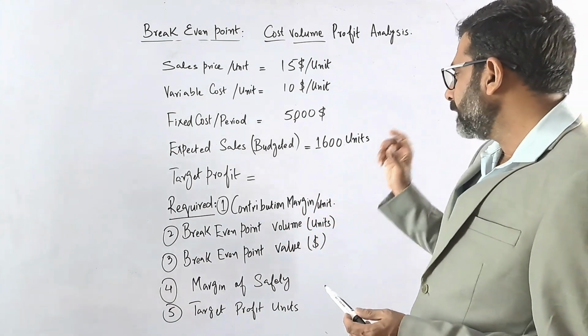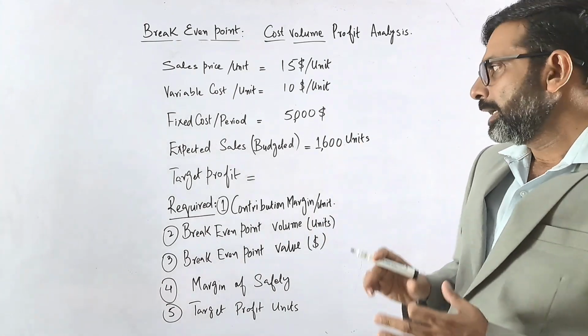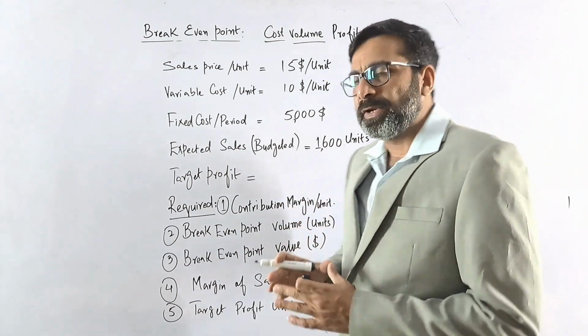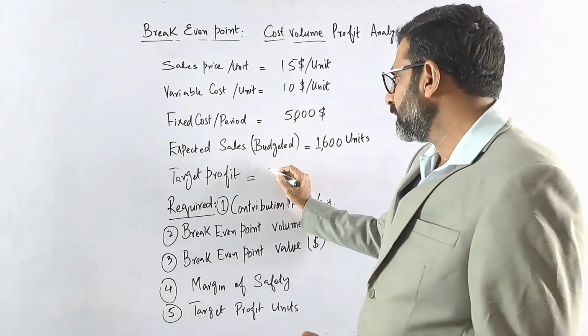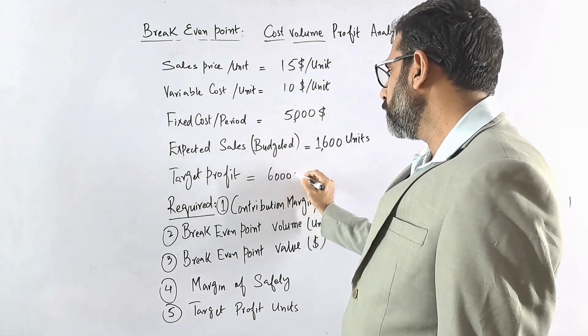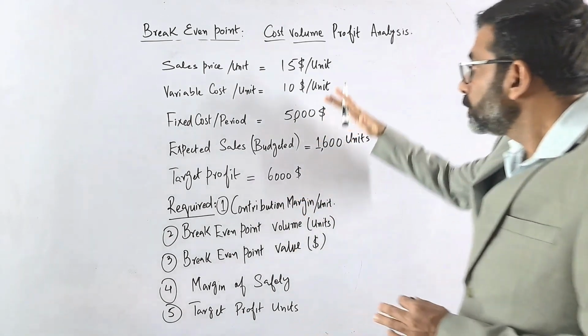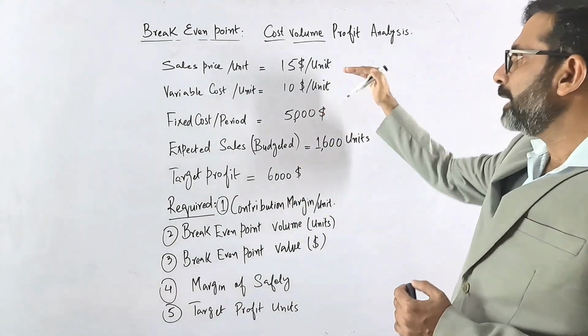They have an idea they will be able to sell 1,600 units, and the target profit, what they want to get. Let's say they want a profit of $6,000.